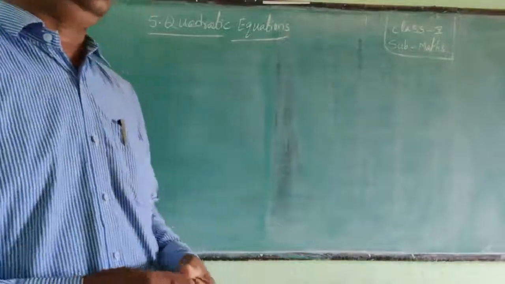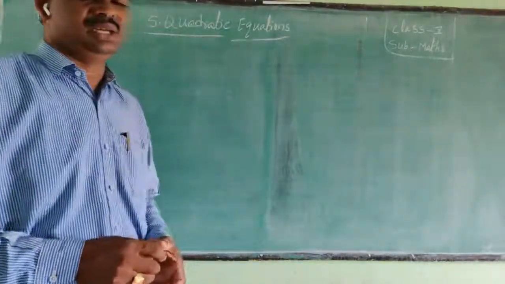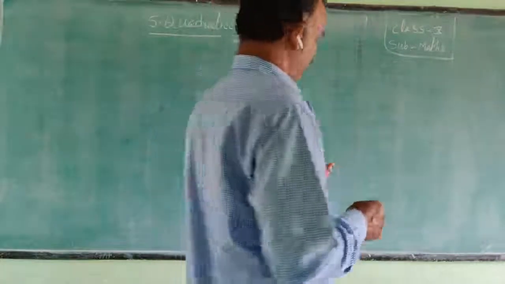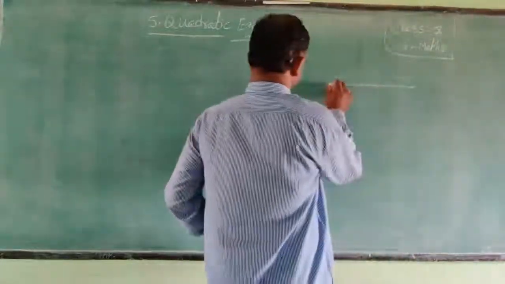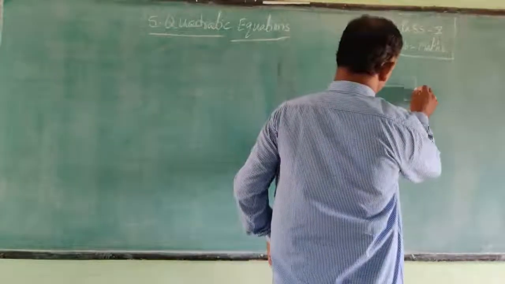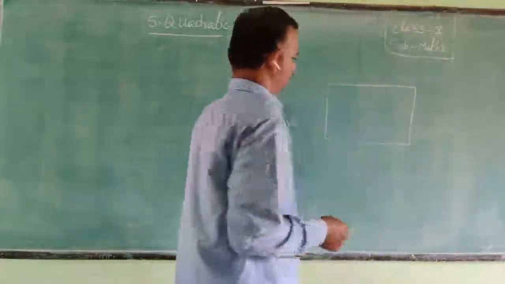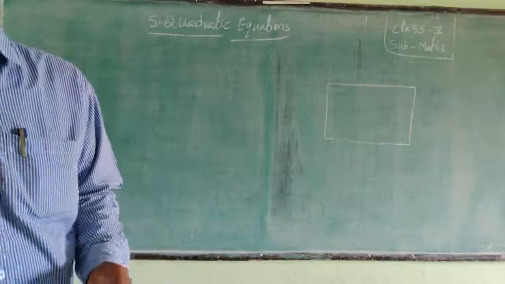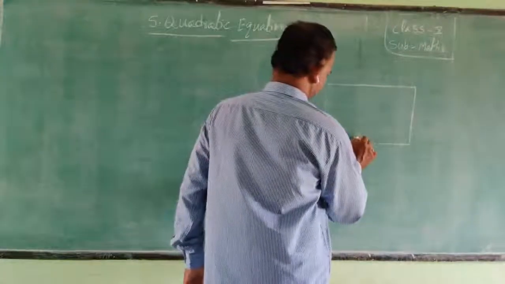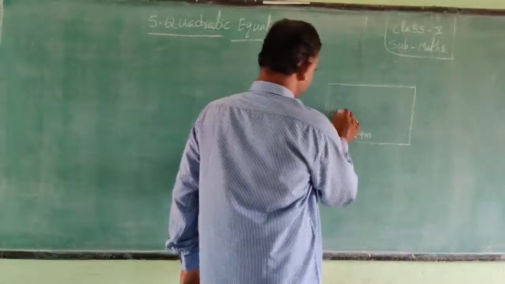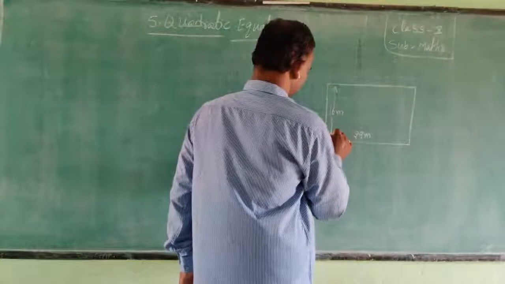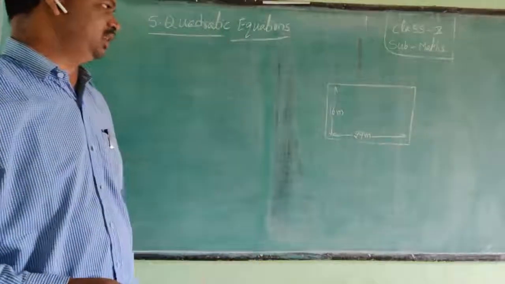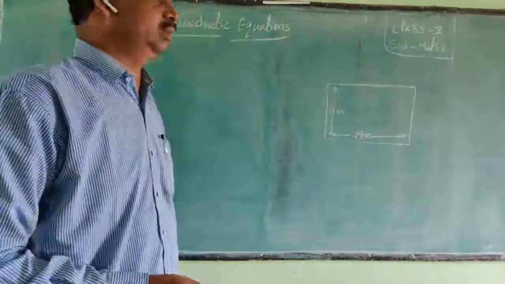In this chapter, quadratic means having degree 2. We know the kho-kho court has dimensions 29 meters and 16 meters.